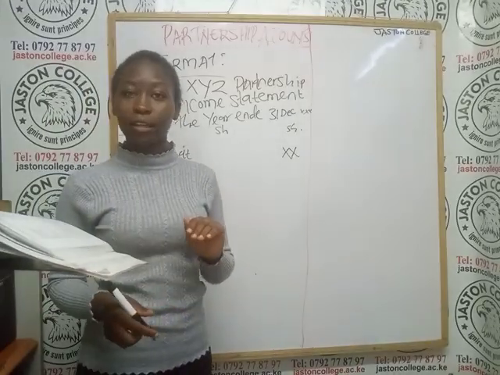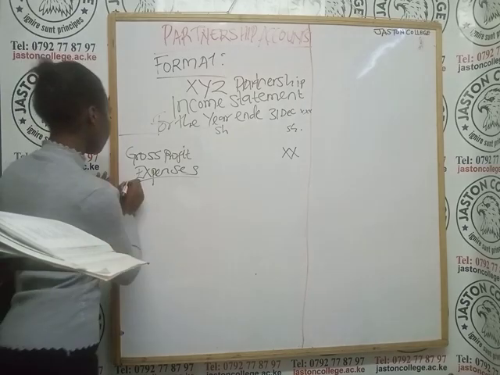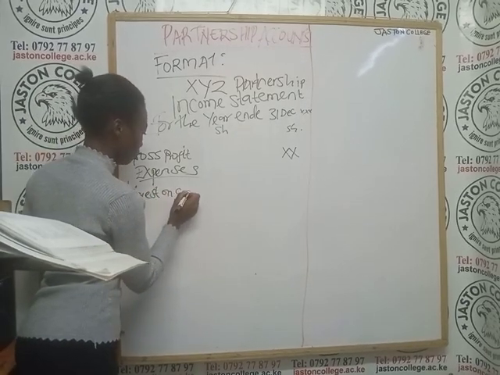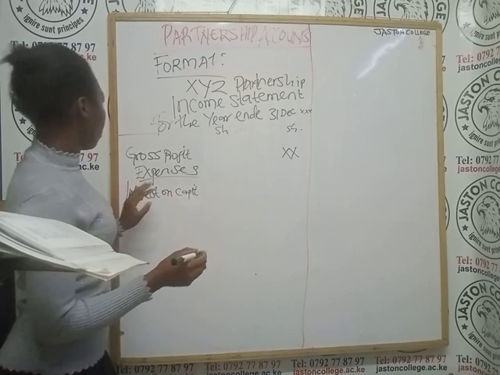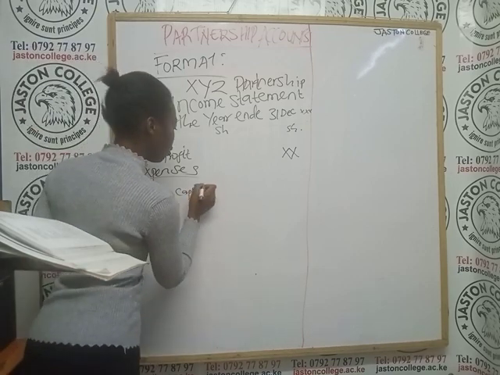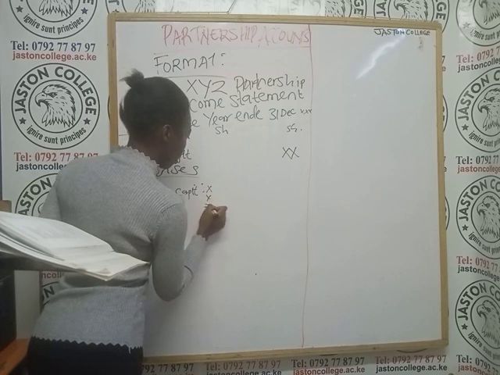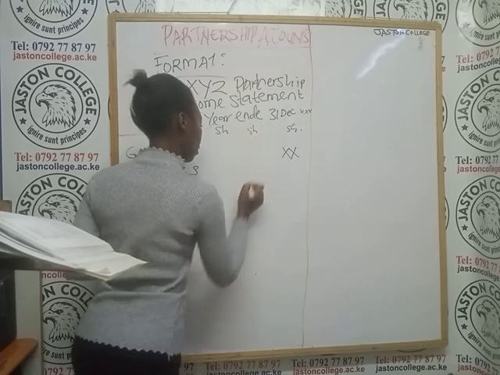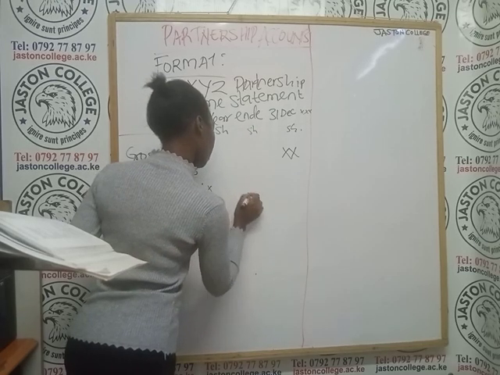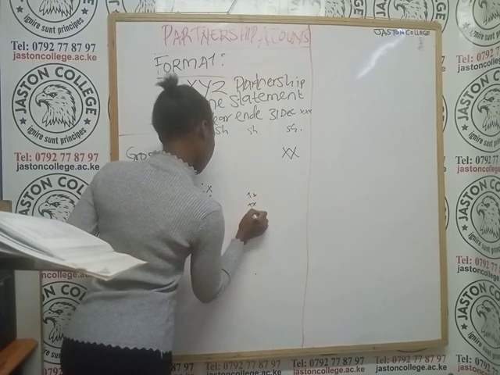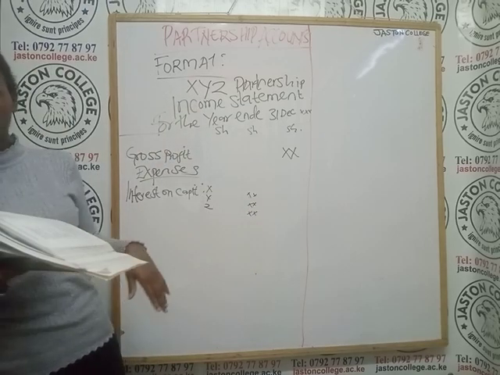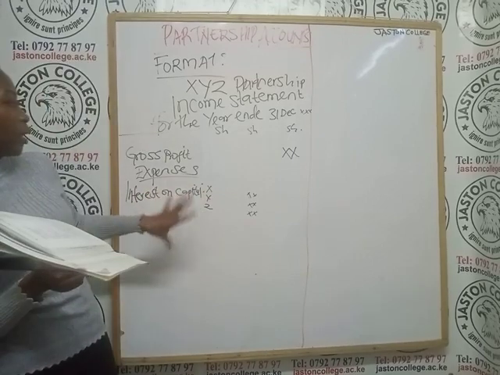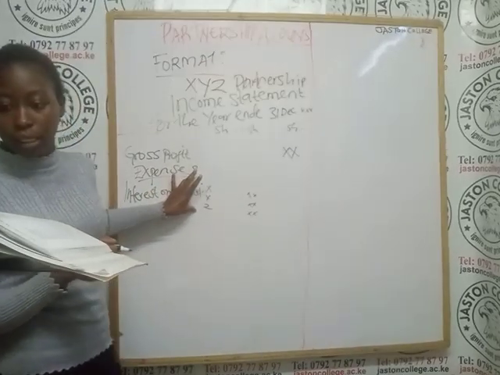Whereby we have the interest on capital charged on the partners. Say we have for X, Y, and Z. So this is their interest. This amount, the interest on capital, will be our expense here.